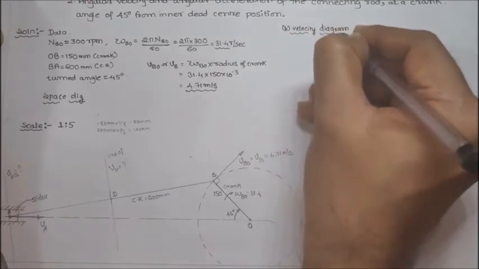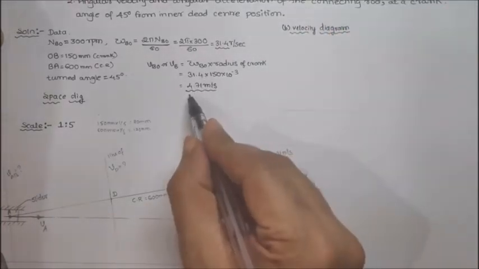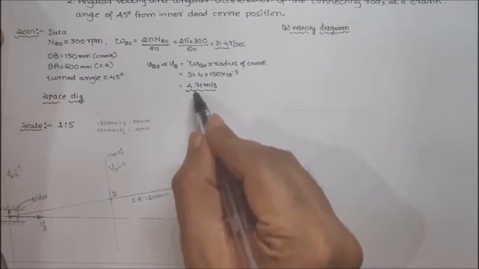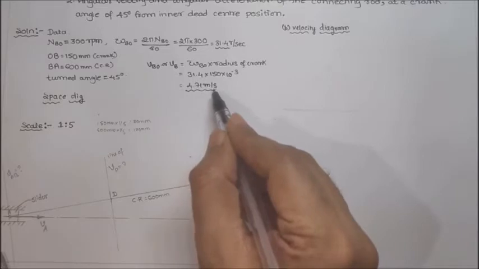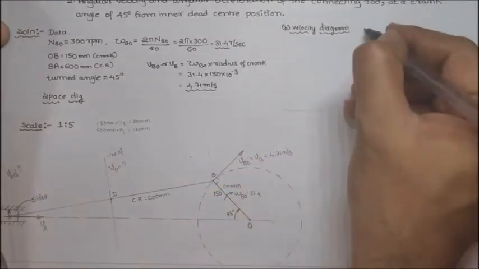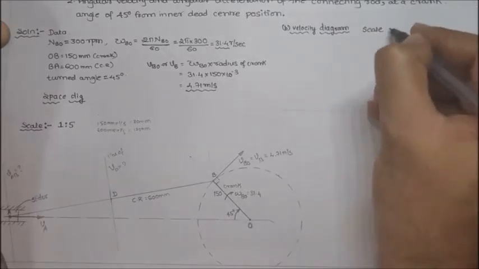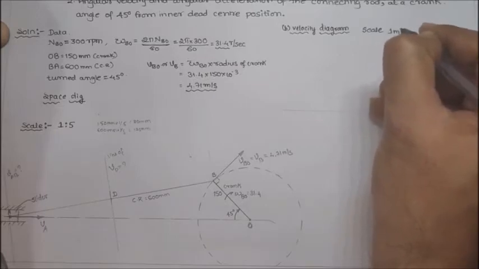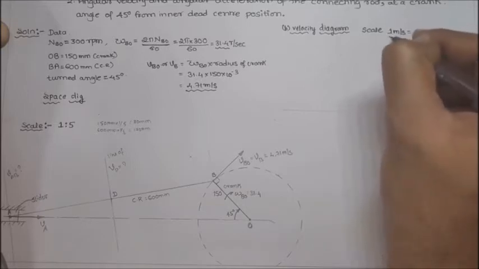We have here the maximum known velocity, that is 4.71 meters per second. Using this only we will set the scale. So we will write a scale. Scale will be 1 meter per second equal to 10 mm.